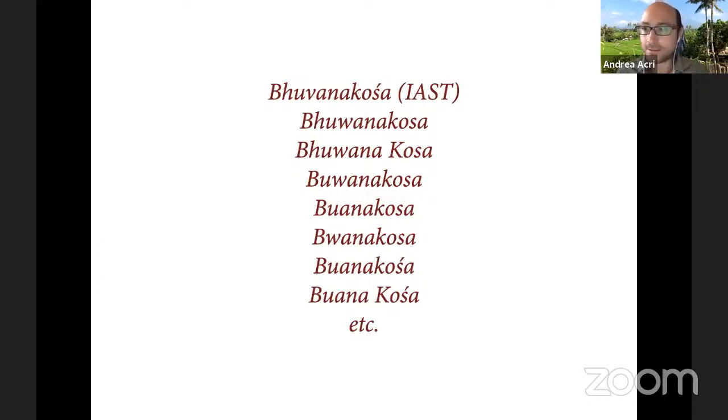Ideally, one should put all these possible spellings in the search mechanism, so that I can still get to what I'm looking for, even though I'm inputting a slightly different spelling. And of course, we should decide which transliteration system to use.